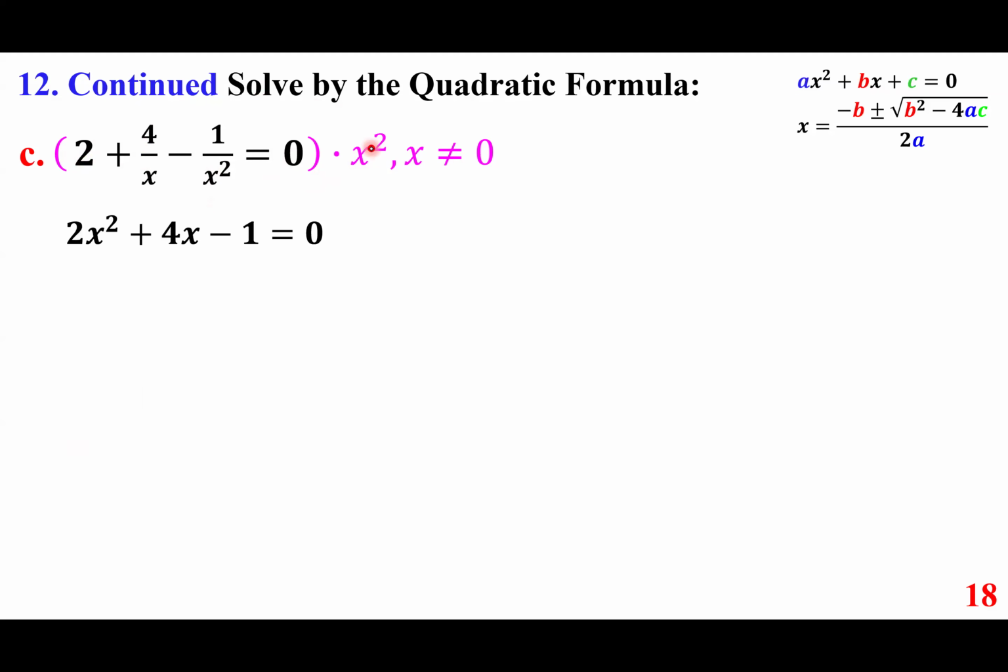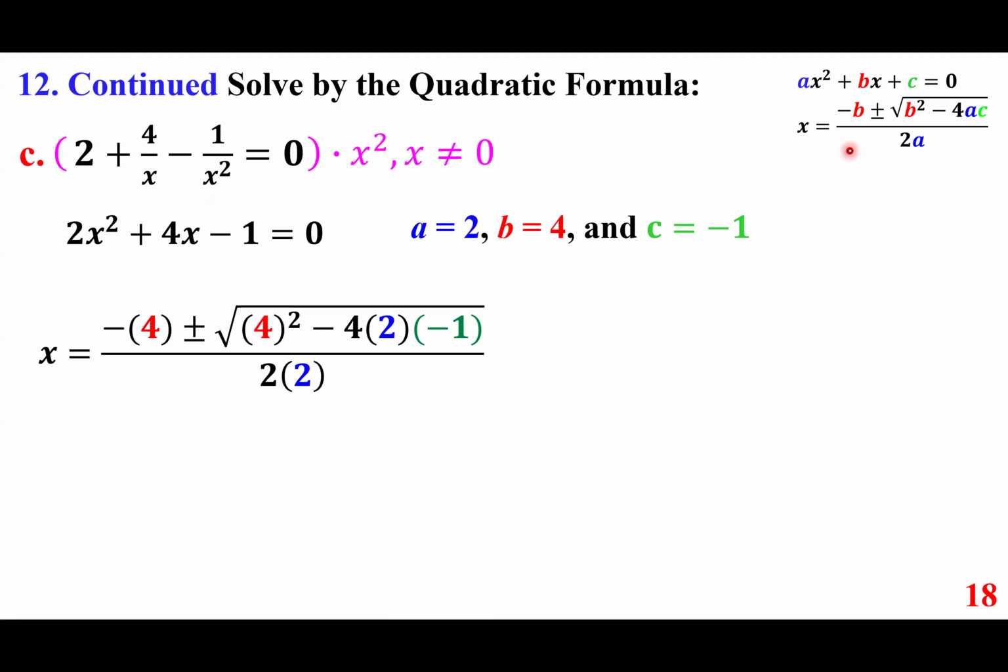Now this is quadratic in form. A is 2, B is 4, C is -1. Plug it into the quadratic formula and evaluate. Minus b is -4, plus or minus the square root of b squared, 4 squared, minus 4 times a, 2, times c, -1, over 2a, 2 times 2.